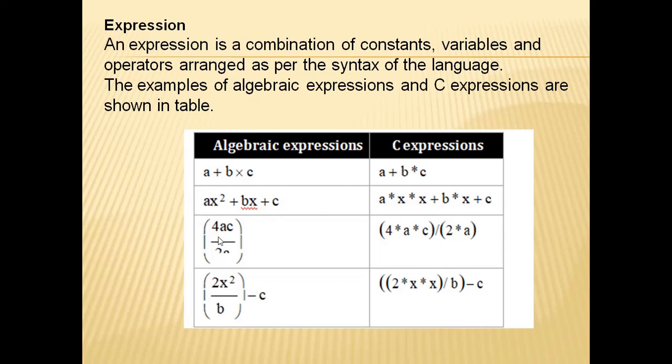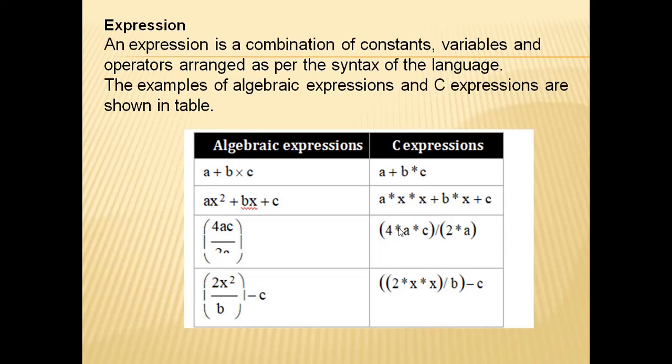Okay, so next example, if you see here, 4ac by 2a. So this is the algebraic expression 4ac by 2a. The equivalent C expression for this algebraic expression is open bracket 4 asterisk a asterisk c close bracket by open bracket 2 asterisk a close bracket.